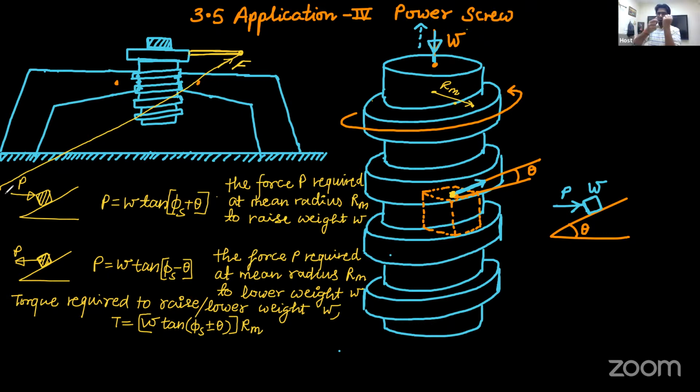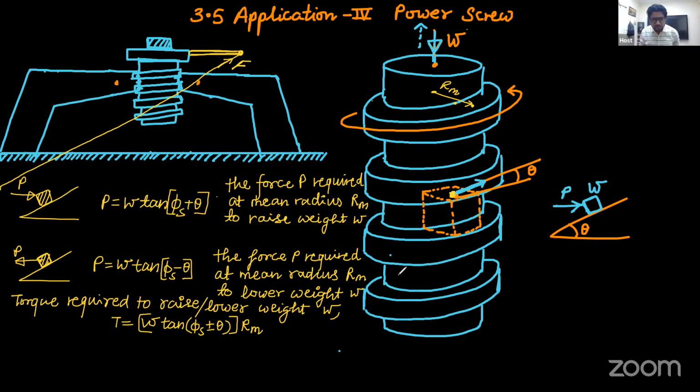This hand of mine is the screw, and this pen is representing the lever at the end of the screw, and the force is applied perpendicular to that lever like this, so that the screw will be rotated, like the cap of a bottle is opened or closed.